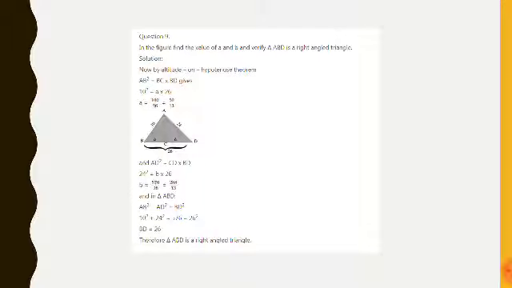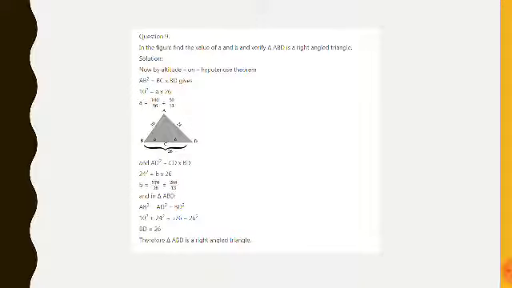In the figure, find the value of A and B, and verify triangle ABD is a right angle triangle. Now by altitude on hypotenuse theorem, AB square is equal to BC into BD. So AB value 10 square, BC value A, BD value 26. A is equal to 100 by 26, so we get the value 50 by 13.